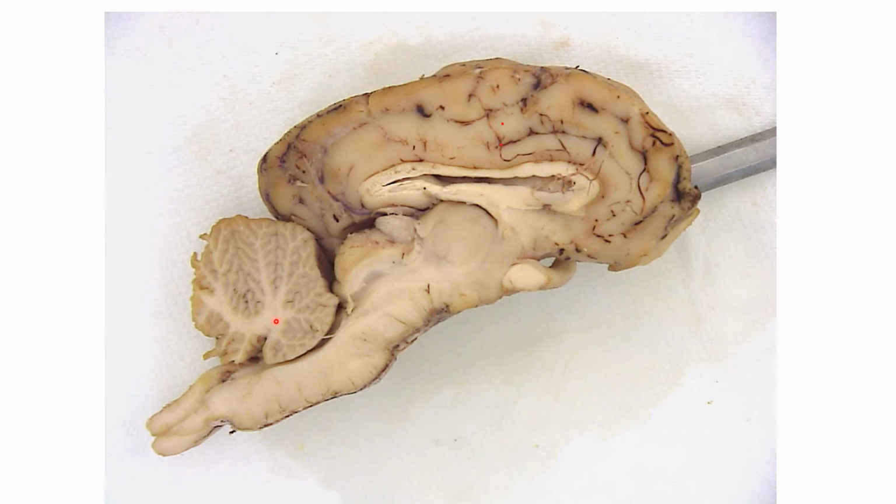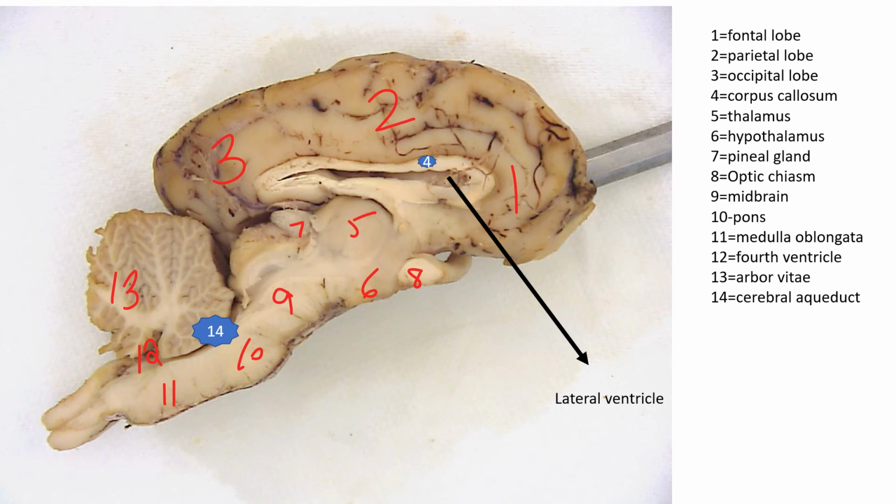Here is the white matter of the cerebellum, which we refer to as the arbor vitae because it looks like tree branches. And the brownish parts would be the gray matter. So this image, it's just labeling everything for you.